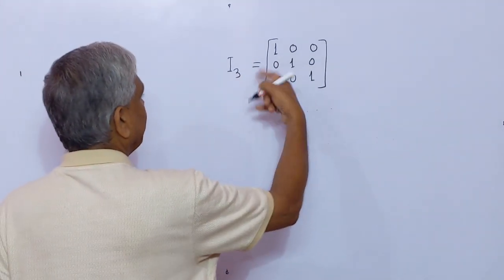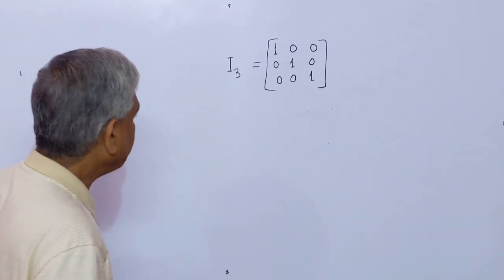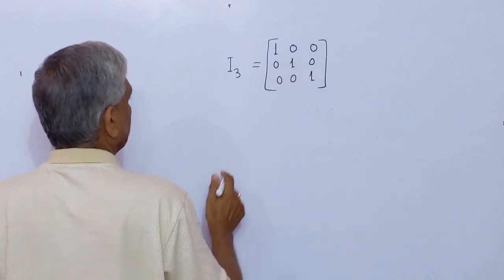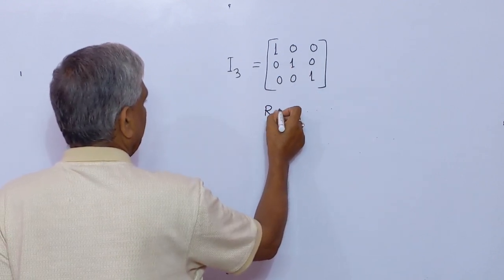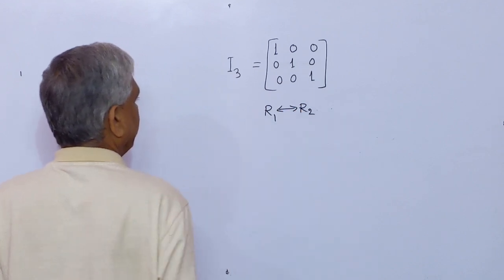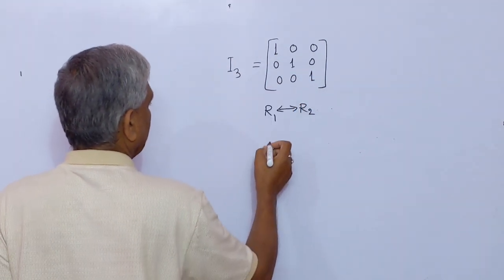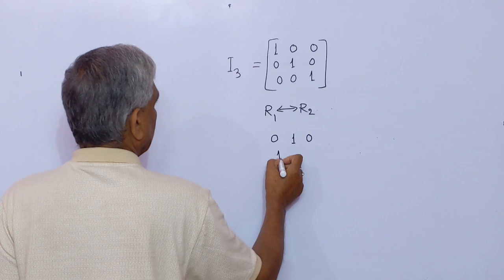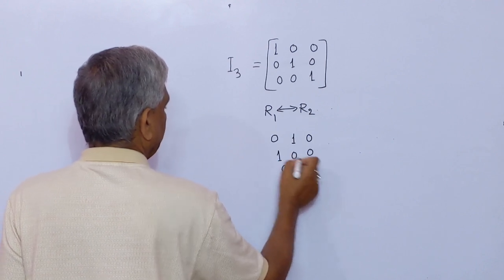If we interchange any two rows, let us interchange row 1 and row 2, denoted by R1, R2 interchange, then we get the matrix [0 1 0; 1 0 0; 0 0 1].